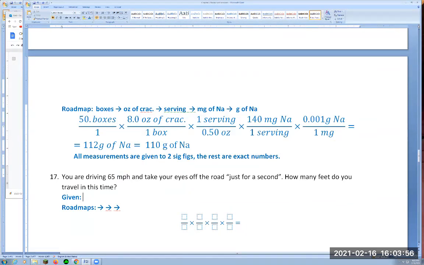So what is the given here? The given is the 65 mph. And let me emphasize that this is 65 miles per hour. Another way to write this is 65 miles slash hour, right? Because miles per hour means it's a number of miles you make in 1 hour.